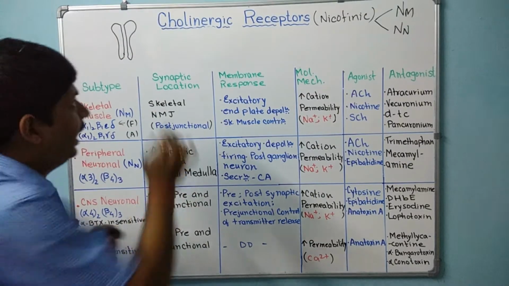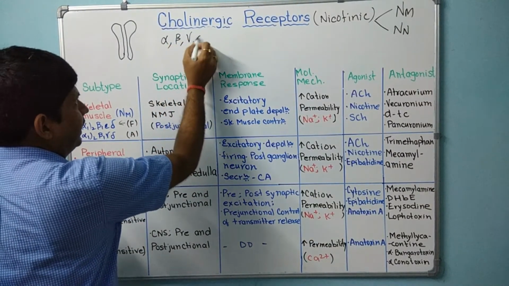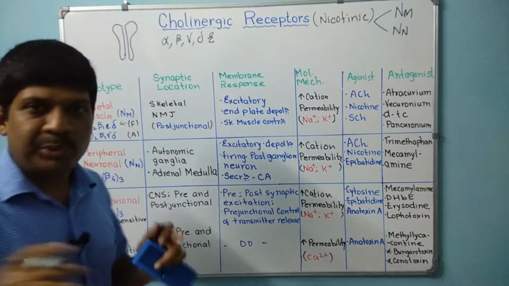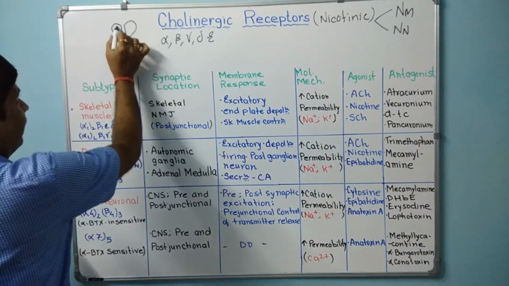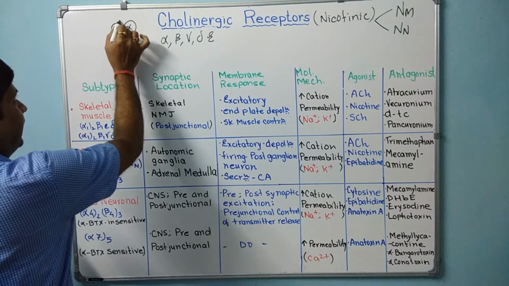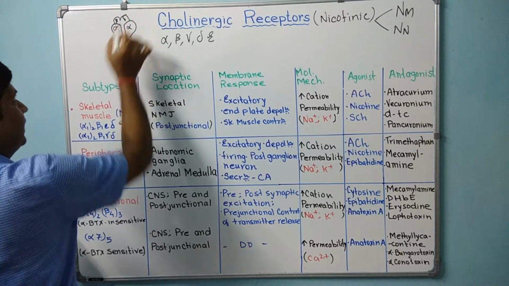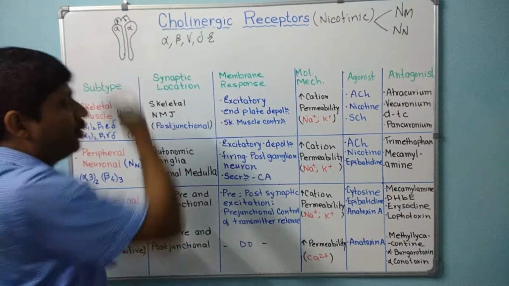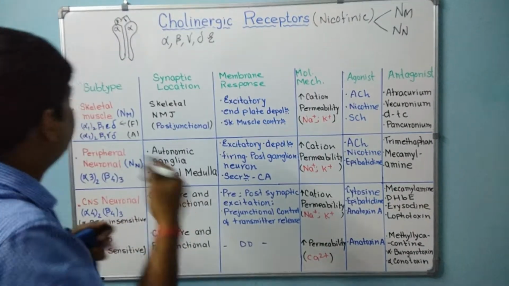Five subunits can be alpha, beta, gamma, delta or epsilon. Usually alpha are present in two numbers. So we have alpha here and here, and then beta and then delta or epsilon. Gamma is not seen here because this is a longitudinal view.